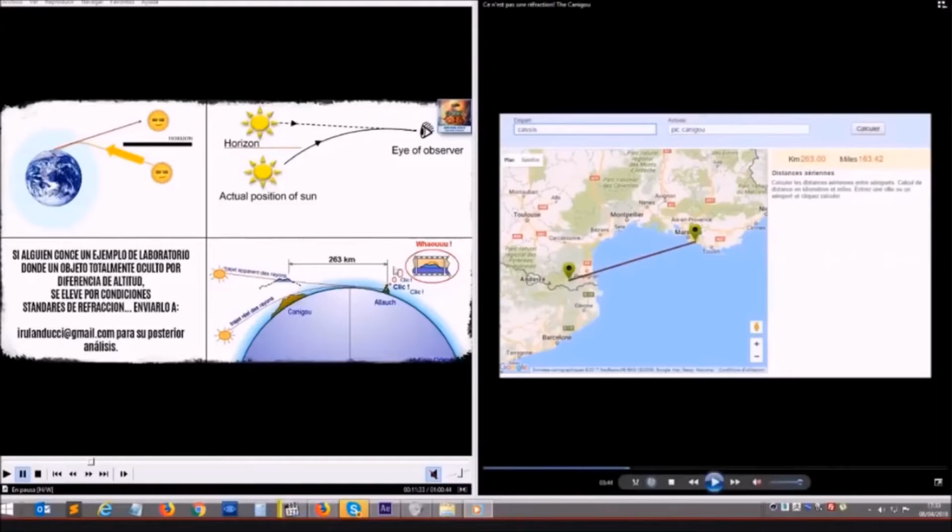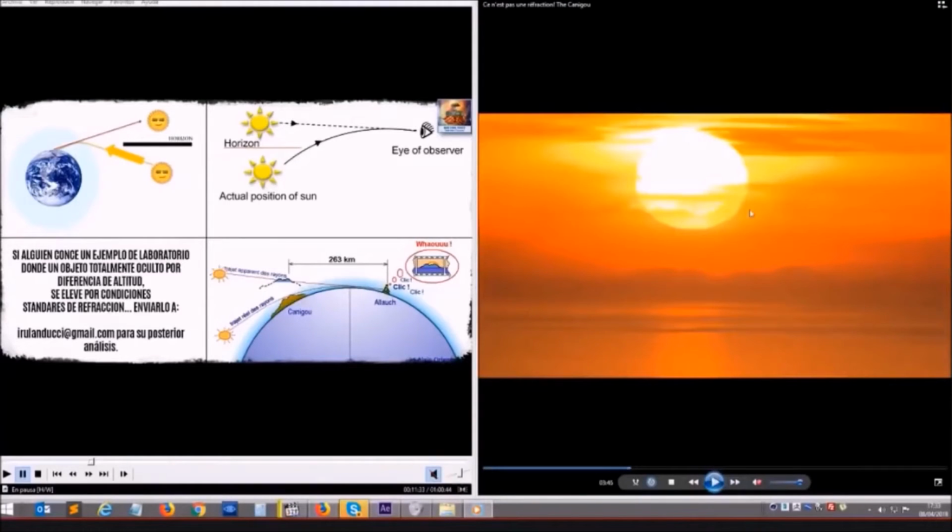When you see, for example, this situation, you must assume, because you see it in real time, and you can see this is from 263 kilometers, you see the sun, assuming we are on the ball Earth, you see the sun setting down. So at what time does this situation become this?